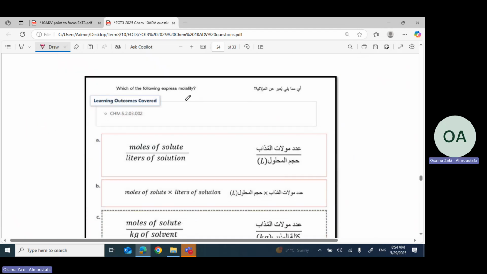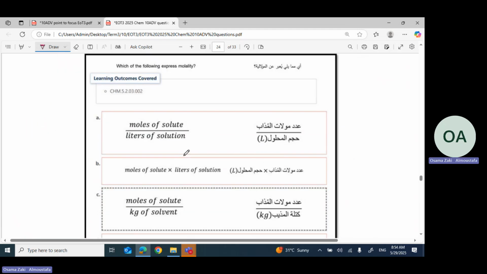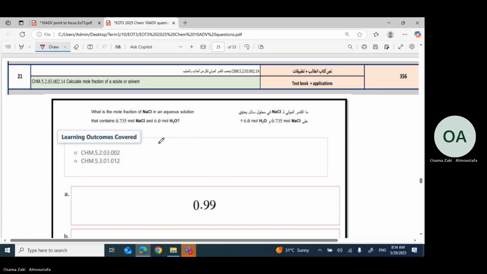Which of the following expresses the molality? Molality is moles of solute over kilograms of solvent. Mole fraction. How to find the mole fraction? We have two substances. We have NaCl, and we have water, H2O. So NaCl is 0.735 mole.